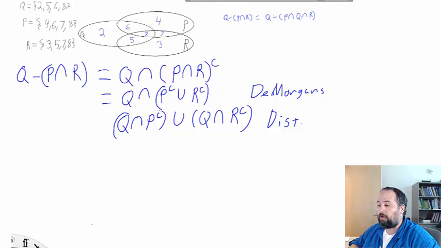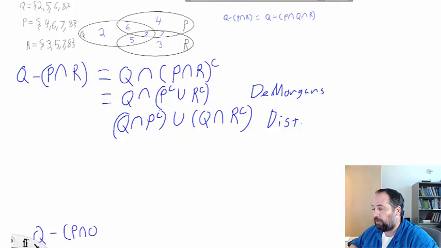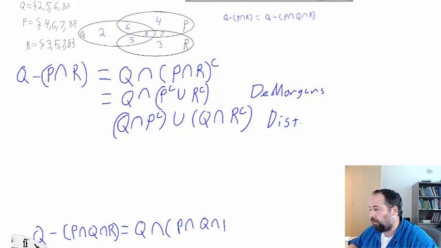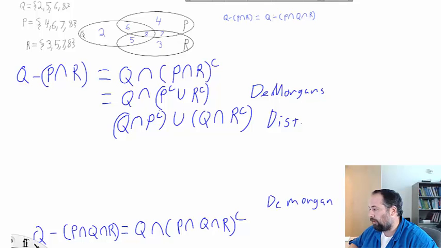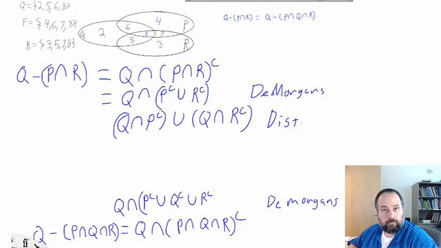So remember, our other side was (Q minus P) intersection (Q minus R), which is the same as (Q intersection P complement) intersection (Q intersection R complement), and we take the complement, which per De Morgan's law is the same as Q intersection P complement union Q complement union R complement, right?